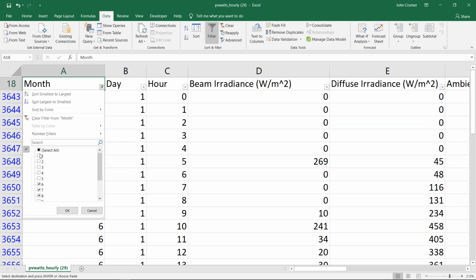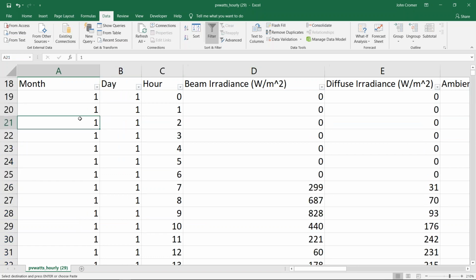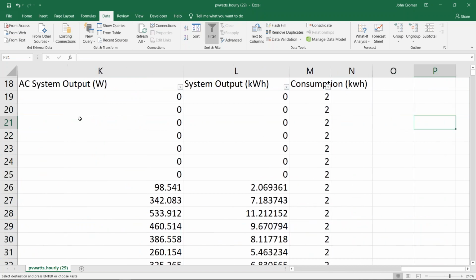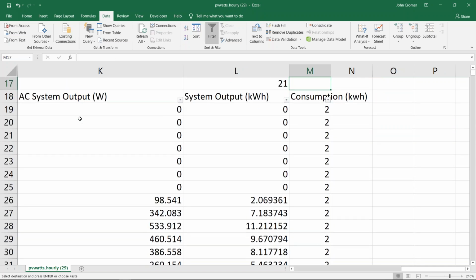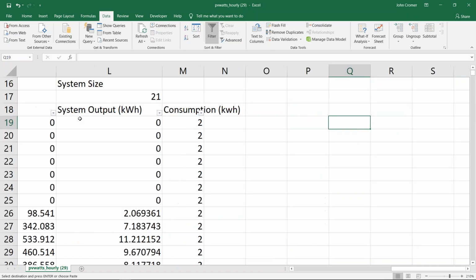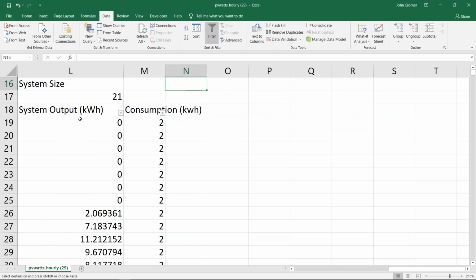And if I did that correctly, yeah, what we have now is a consumption amount for every hour of the year. And at that point, I would just start with a guess.